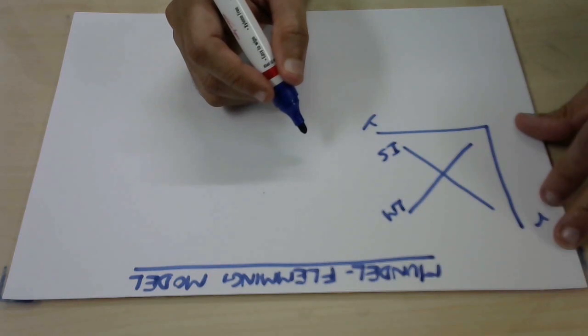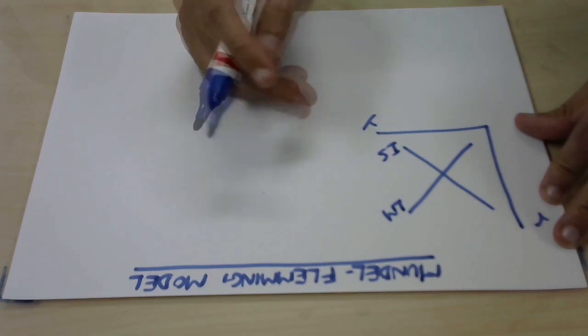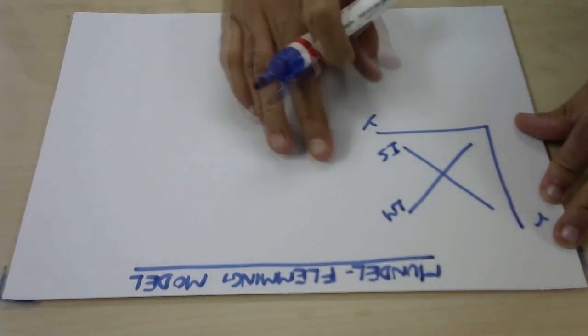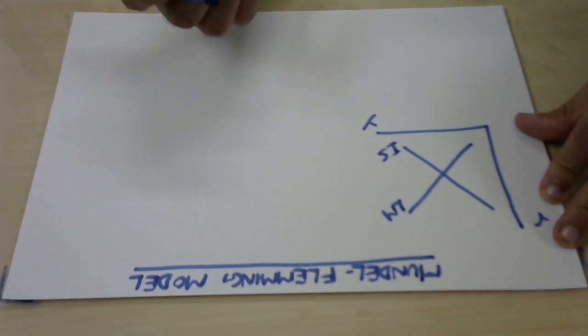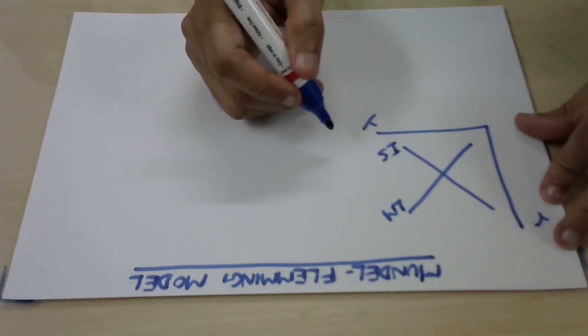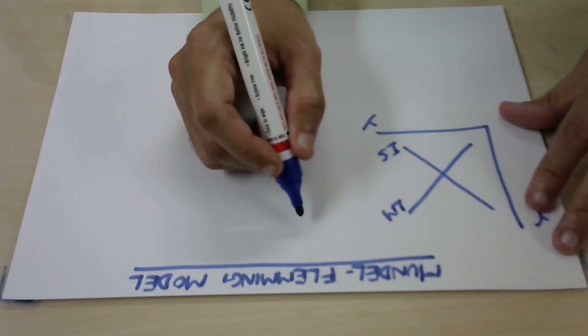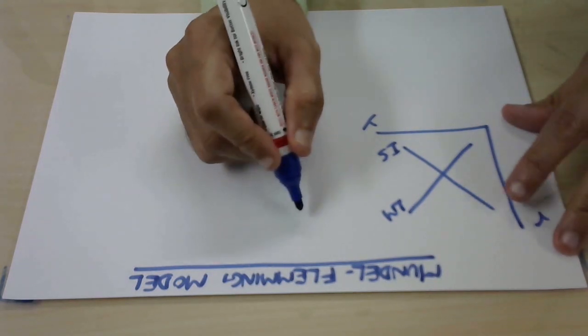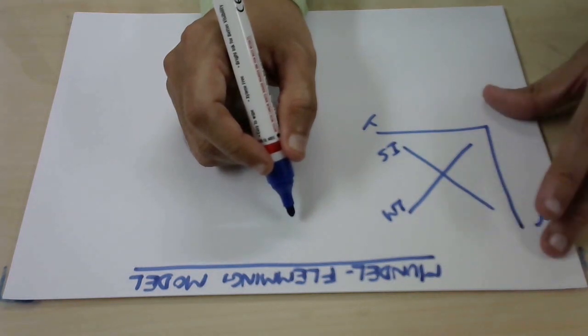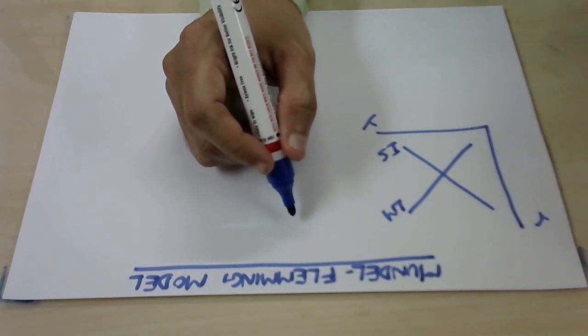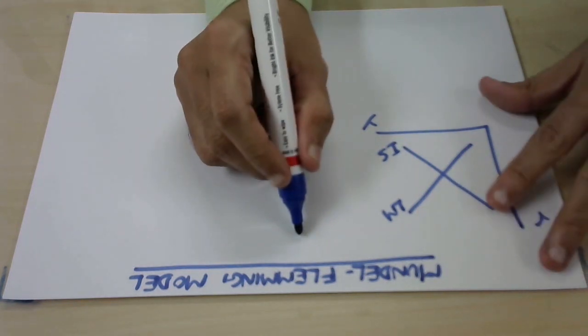Now in the open economy, the key variable that we are interested in is the exchange rate. Specifically, we want to know the different combinations of exchange rate and GDP so that the goods market is in equilibrium and the money market is in equilibrium.